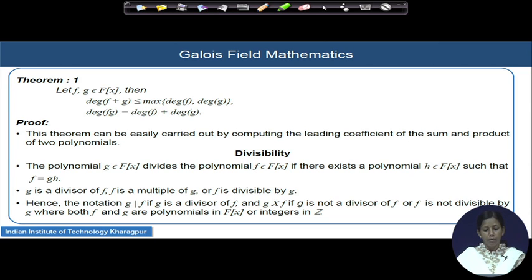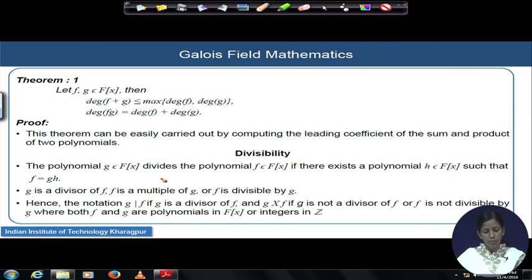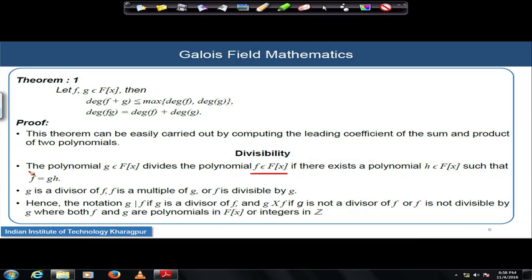The next important property of the polynomials is divisibility. A polynomial g that belongs to F[x] will divide another polynomial f which also belongs to F[x] if and only if there exists a third polynomial h(x) belonging to the same F[x] in such a way that f is equal to g times h.